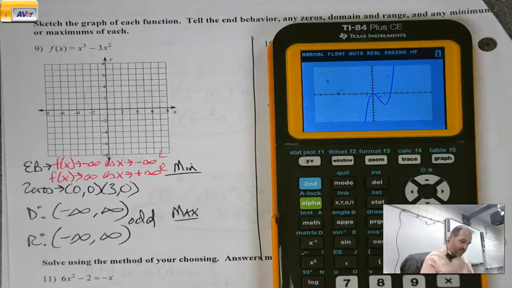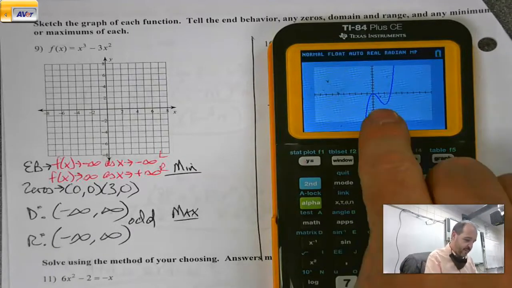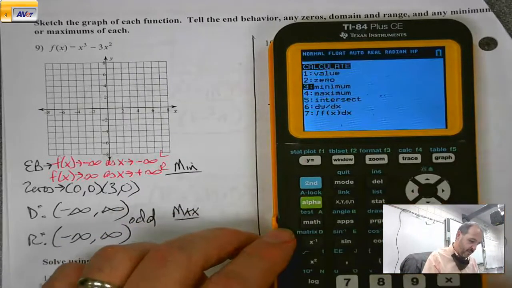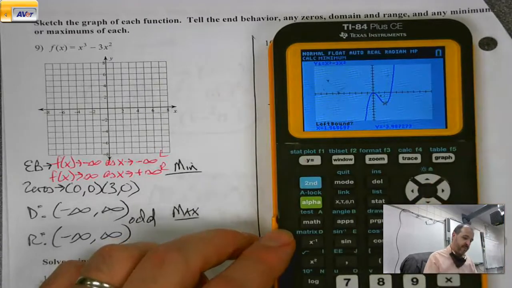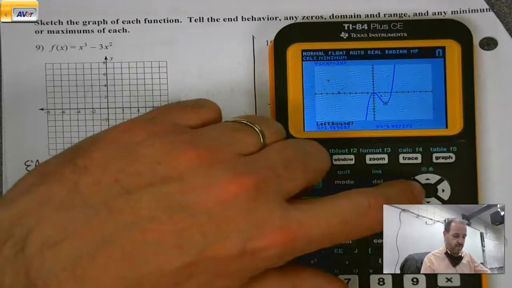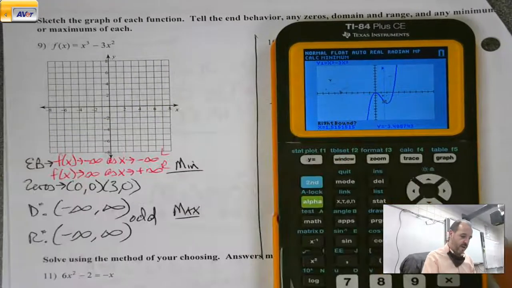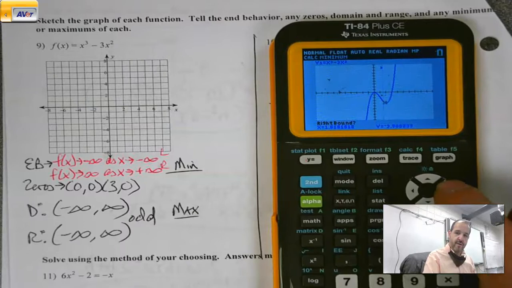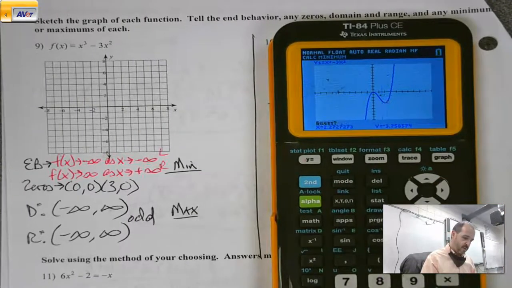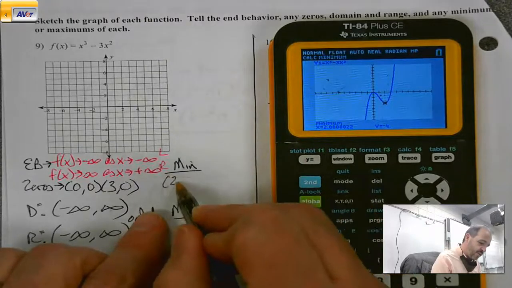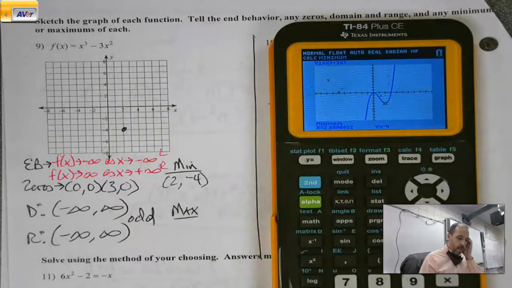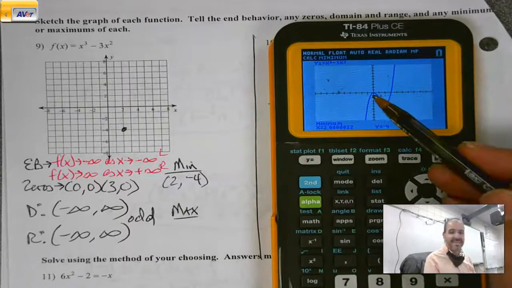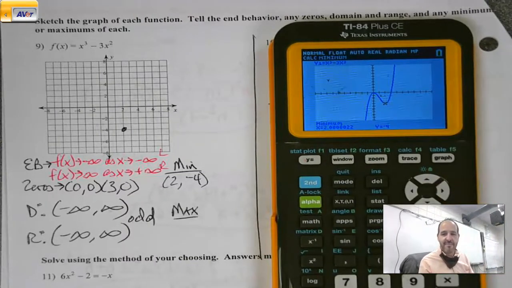Then our mins and maxes. Okay, let's do this. I see a min right there. Let's find this thing. We should be experts at this point. We've done it enough. Okay, left, 1, 2, 3, enter. Right, 1, 2, 3, 4, 5, 6. Okay, so my min is at (2, -4). And my max, now, can I basically see where my max is? Yeah.